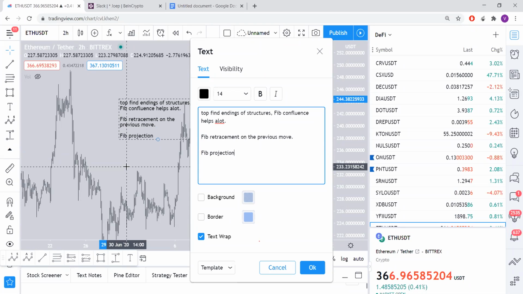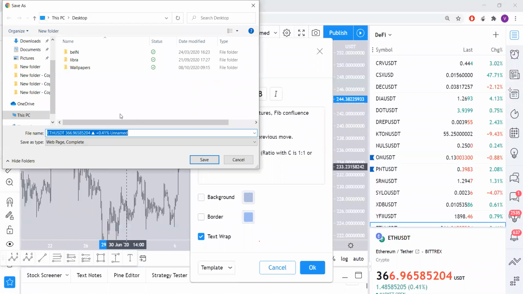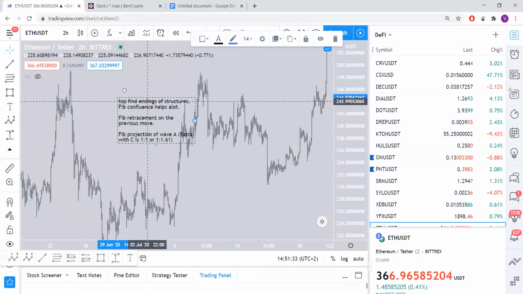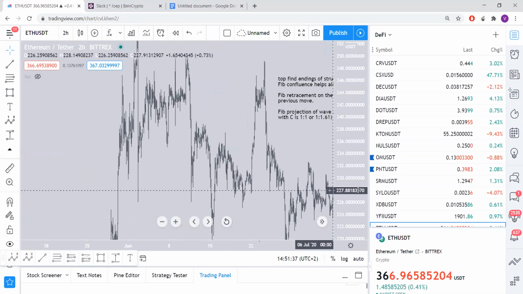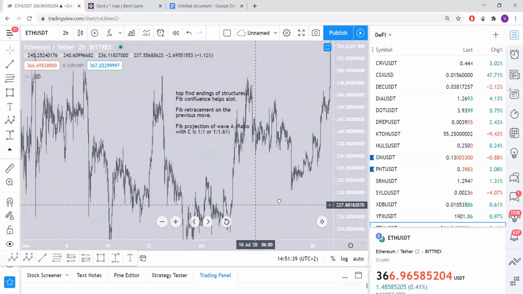I'm going to do this for corrections first, so I will just use A, B, and C. Then a fib projection of wave A. I said 1.27 earlier, but that occurs less often. So it's basically this. Now let's go to our flat example, right?